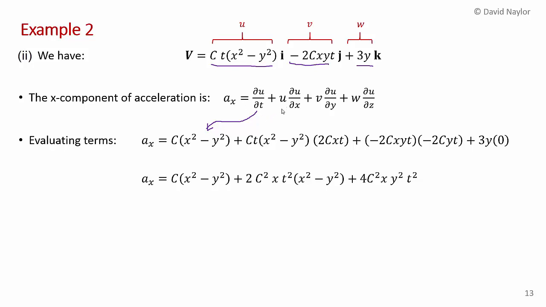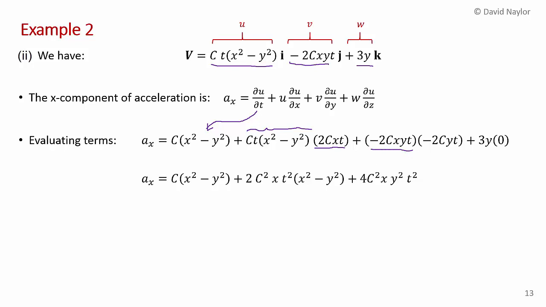Then the next term is u du dx. So I've rewritten u here, right? So ct x squared minus y squared. And now I want to take the derivative of u with respect to x, which is going to become 2ctx right here. The next term is v du dy. So I've rewritten v, minus 2cxyt there.